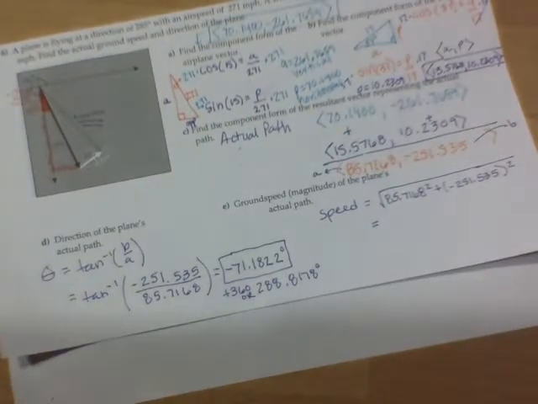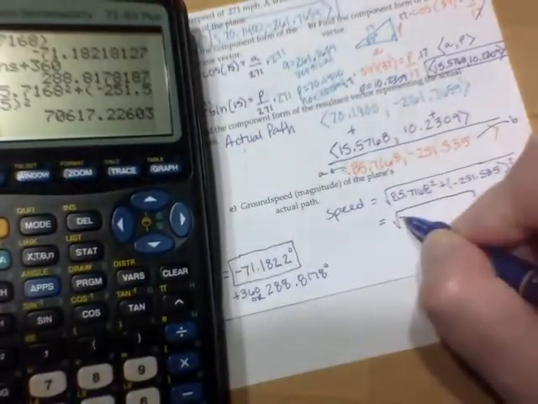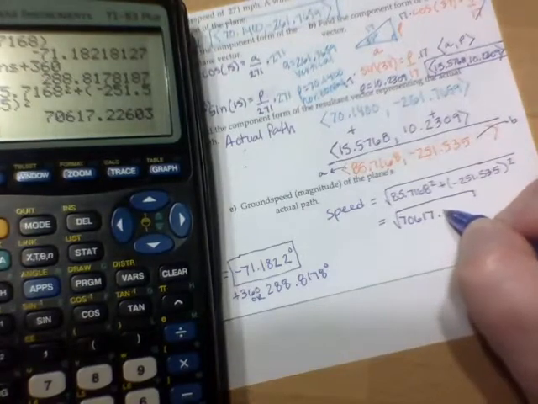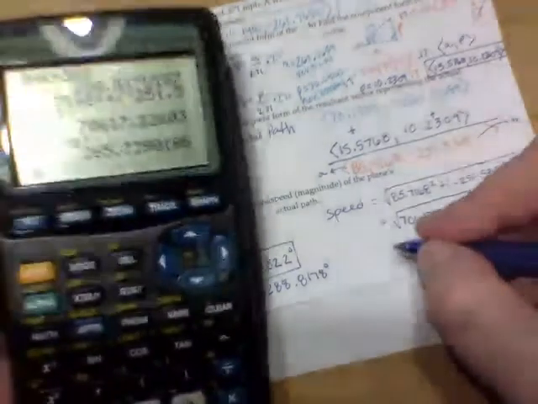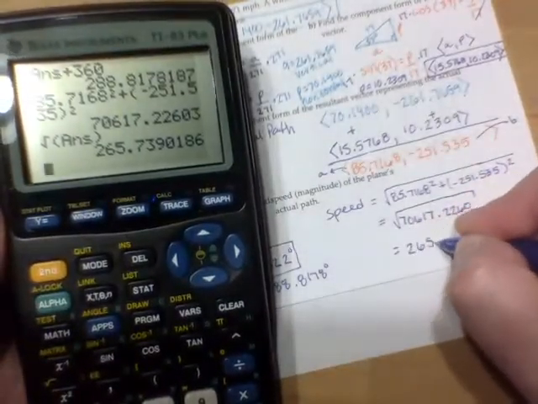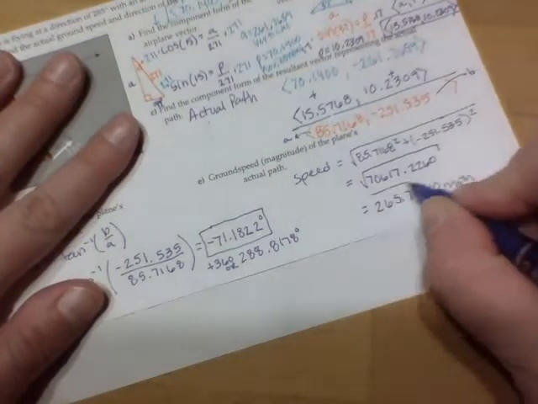And so that leaves us with the square root of 70617.2260. And so if we take the square root of that, we're going to get a ground speed of 265.7390. It did say that it was in miles per hour, so we'll do that.